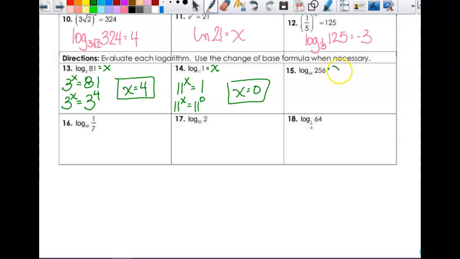All right, so if I set this equal to x, I'm going to have 64 to the x power equals 256. Can I make 64 my base? No. All right, so could I make 4 my base? So 4 times 4 is 16, times 4 is 64. Okay, so I can make 4 my base.